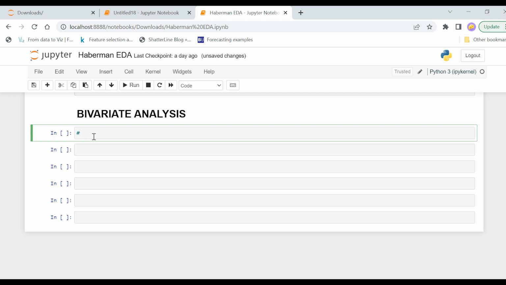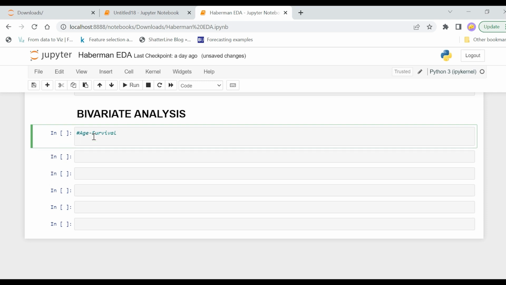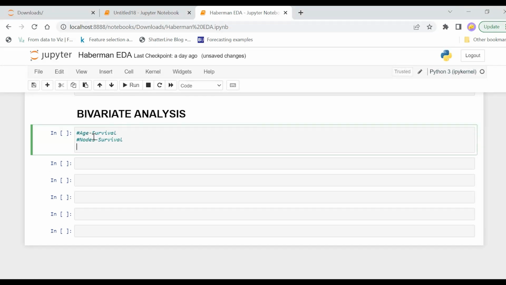So here we can do the analysis between, suppose, starting with age and survival. Then we can use nodes and survival. Then year and survival.